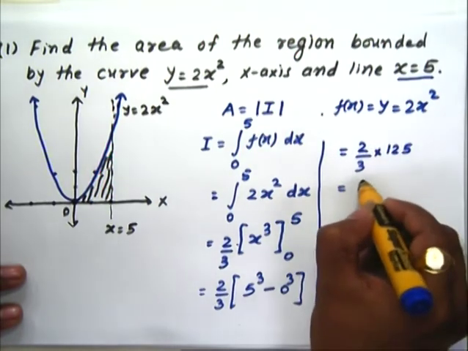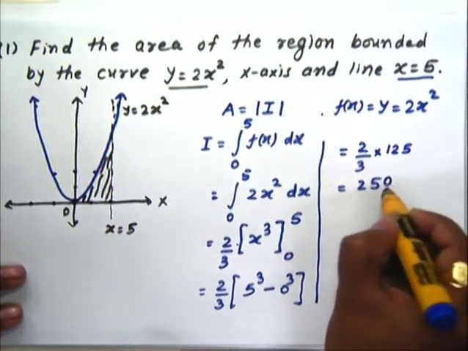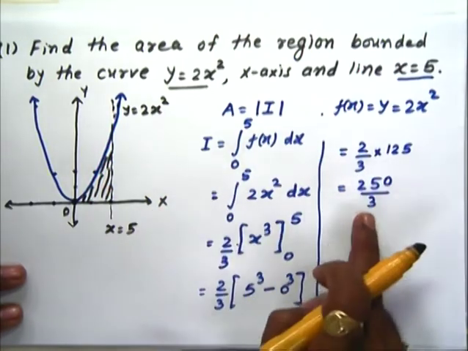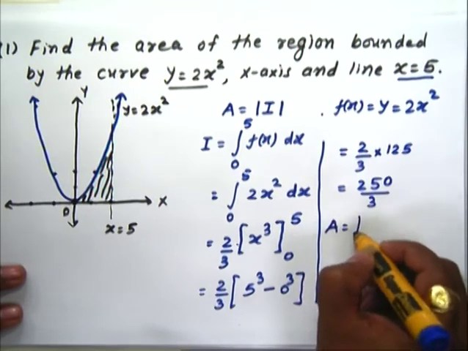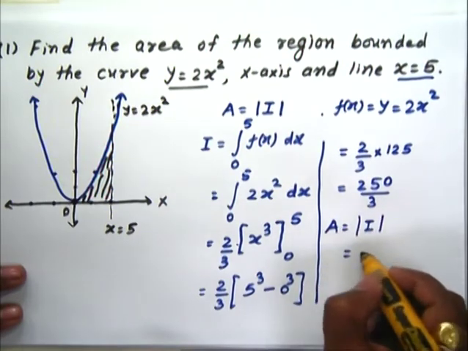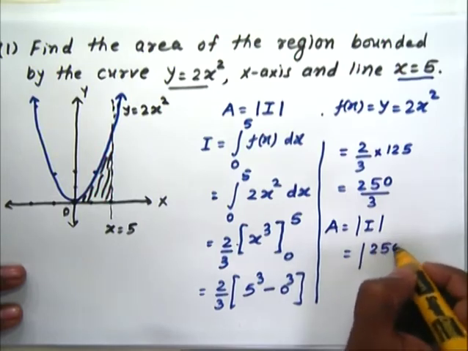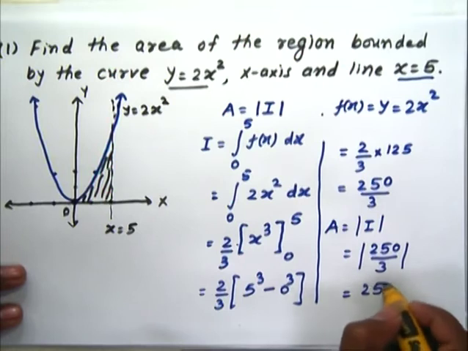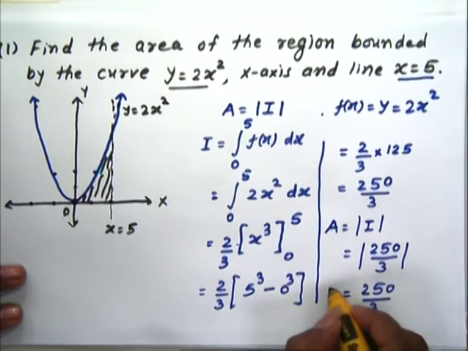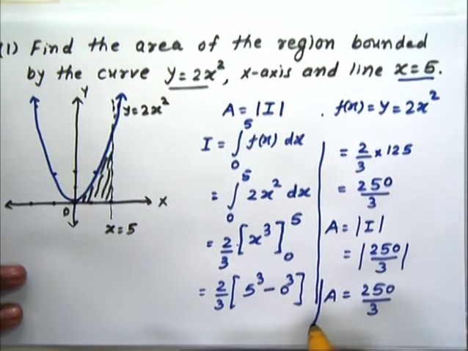So the answer is 250 divided by 3. This is the value of I. Now the area A equal to mod I equal to mod of 250 by 3 equal to 250 divided by 3. This is our area and this is the answer.